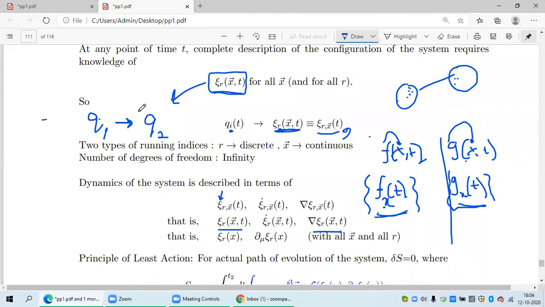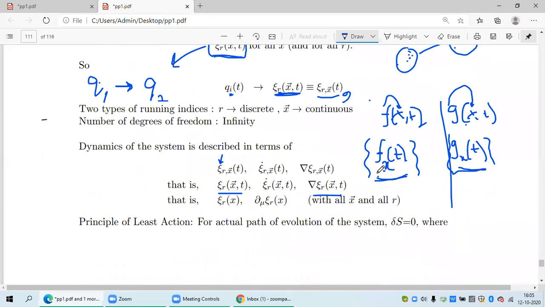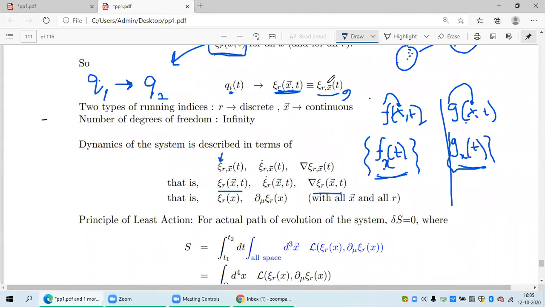It is not arising, but when you are considering a field, that is a generalization, and then this difference comes in going from this x to its next x, say x to x plus dx.